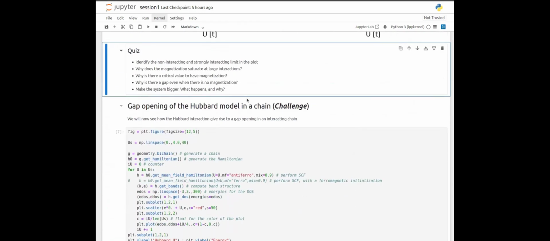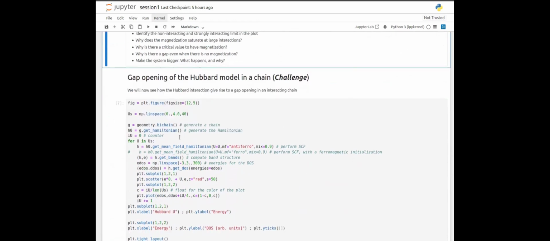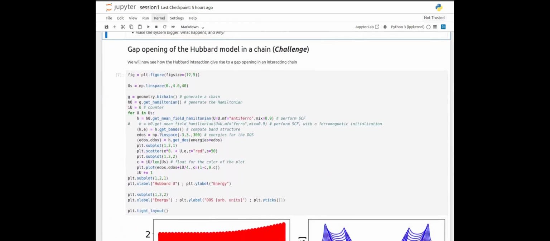Okay, so now let's move on to the next case, which is the gap opening in the Hubbard model in a chain. This is also a more advanced exercise. What we are going to do here is take a chain with two sites per unit cell. We compute the Hamiltonian, and then we solve this mean field Hamiltonian for different values of the interaction. The values of the interaction range from 0 to 4.